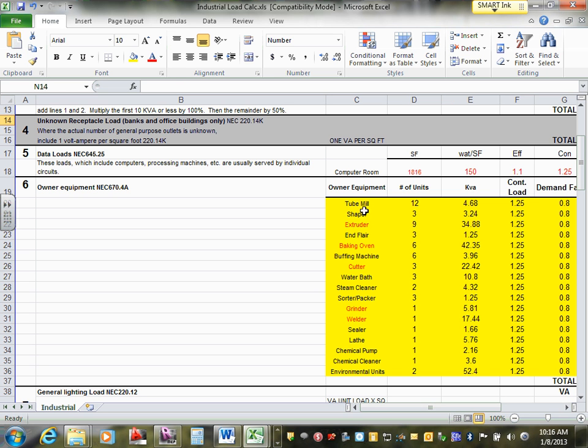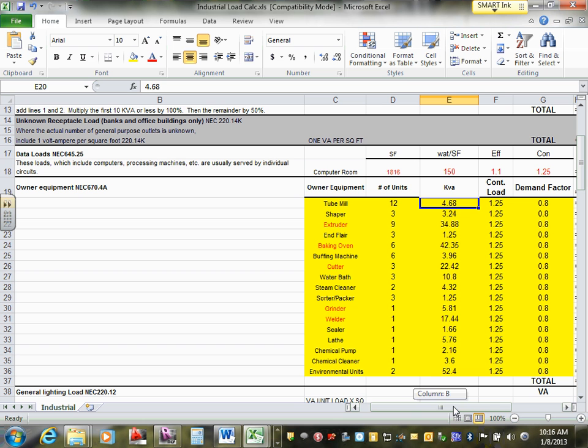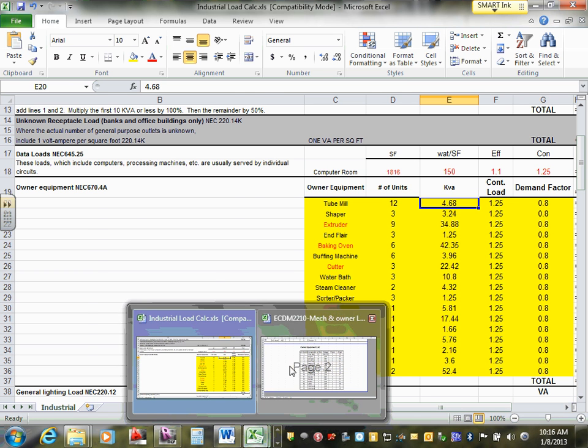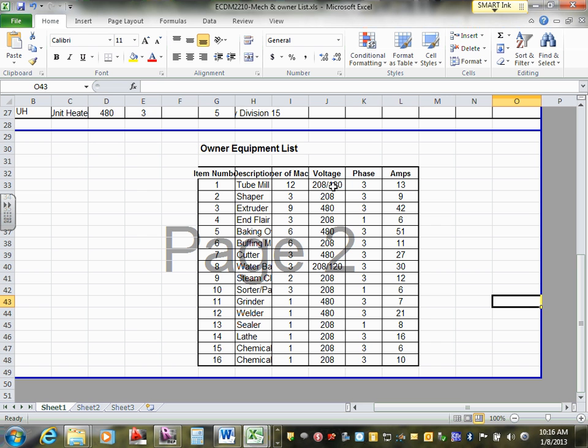Let's look at the tube mill, guys. I have 12 of them, right? The kVA is 4.68. How did you find the 4.68? Let's go look at the tube mill. The tube mill, gentlemen, is right here. Can you see the voltage here?